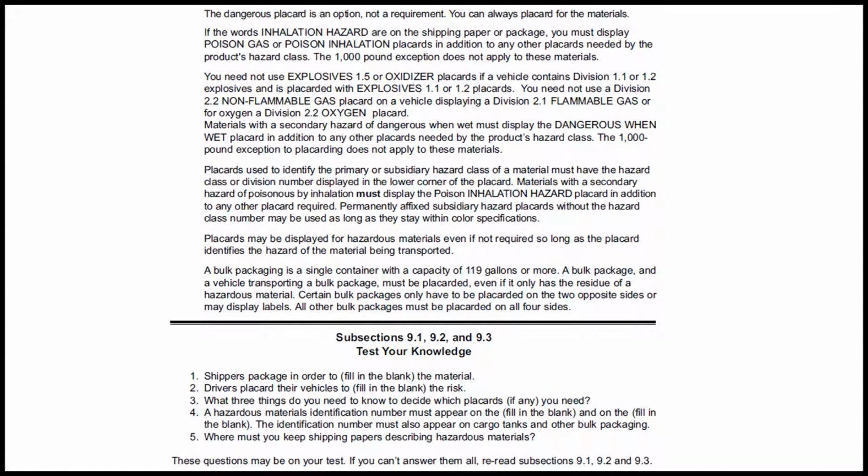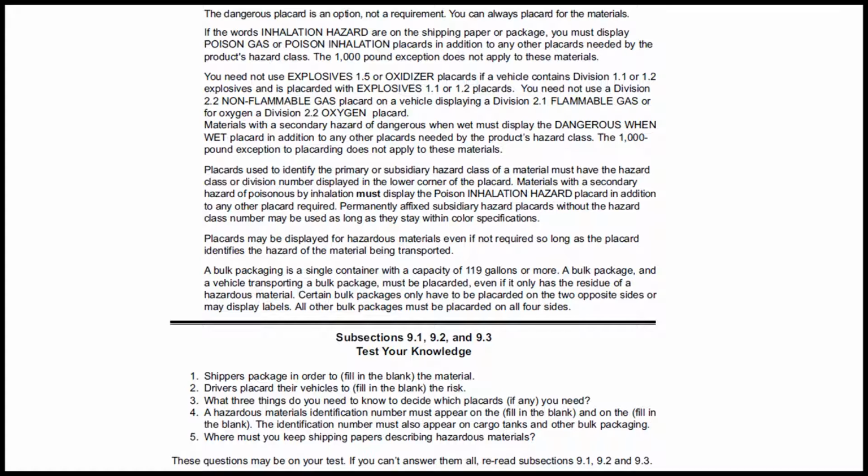If the words inhalation hazard are on the shipping paper or package, you must display a poison gas or poison inhalation placard in addition to any other placards needed by the product's hazard class. The 1,000-pound exception does not apply to these materials.